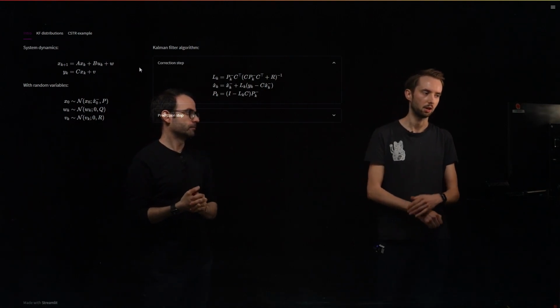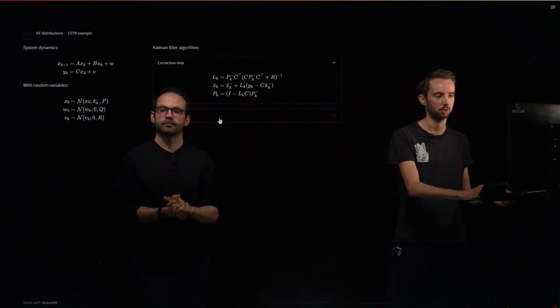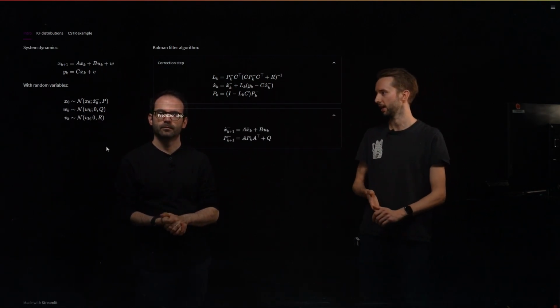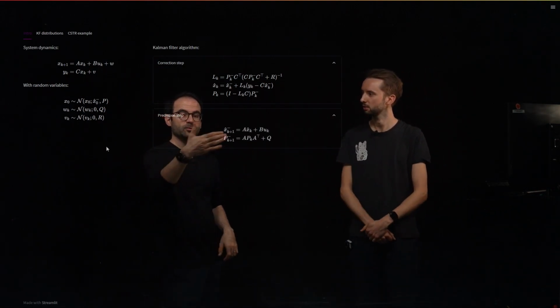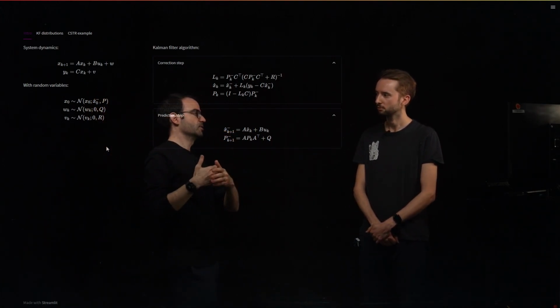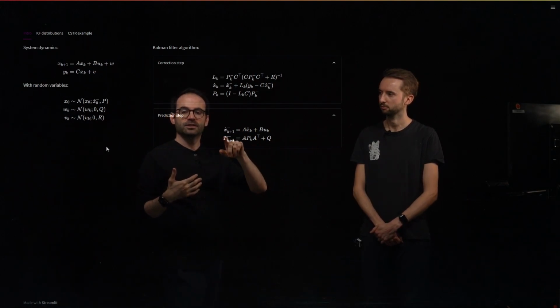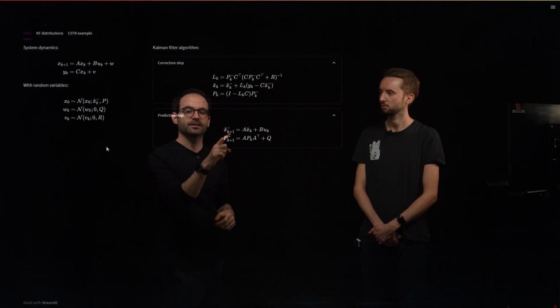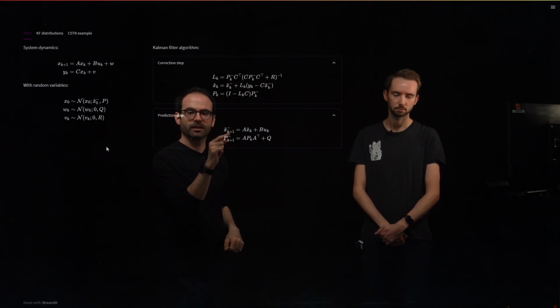Right. And then we also do the second step, which in our case is the prediction step. And the prediction step looks like this. What is happening here? Because we are considering dynamic systems, we are typically interested also in the estimate of the state at the next sampling time. So what we do is we propagate our estimate with the system dynamics. That would be like the center point of our estimate.